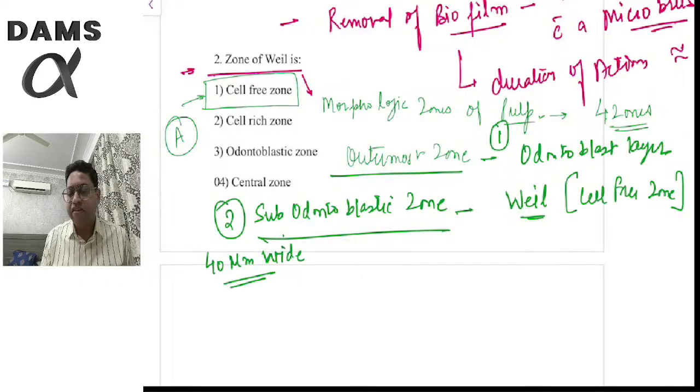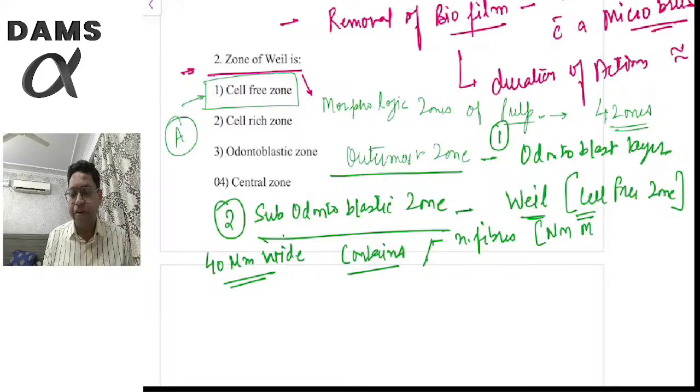No cells are present, that's why it is called the cell-free zone of Weil, and it basically contains non-cellular elements like nerve fibers, which are mostly non-myelinated nerve fibers. It is in the periphery of the pulp below the odontoblast layer. The zone of Weil is present. It basically consists of nerve fibers, which are non-myelinated nerve fibers.